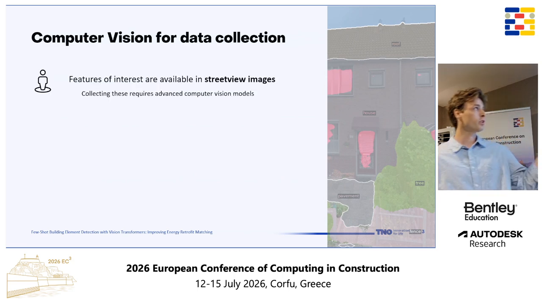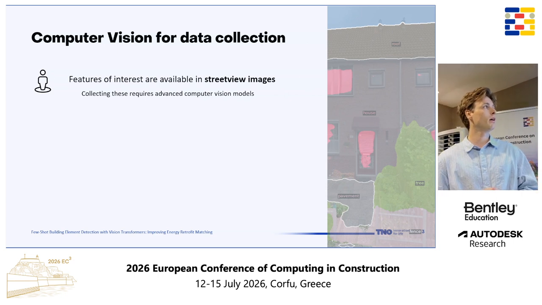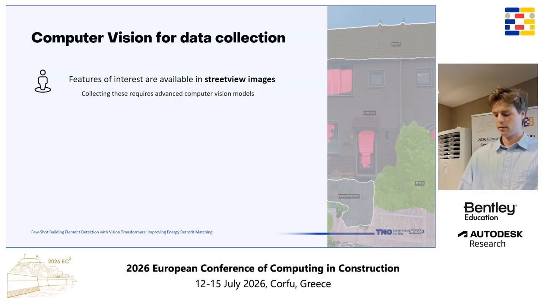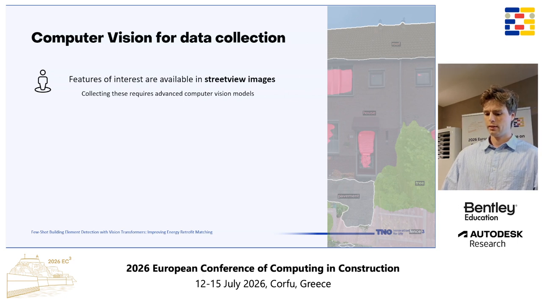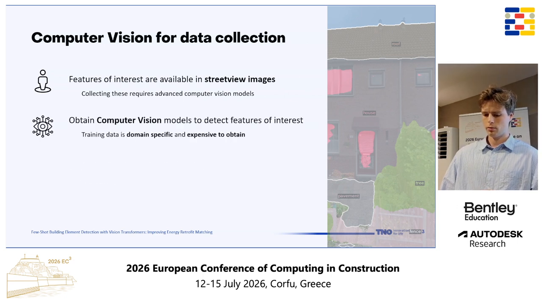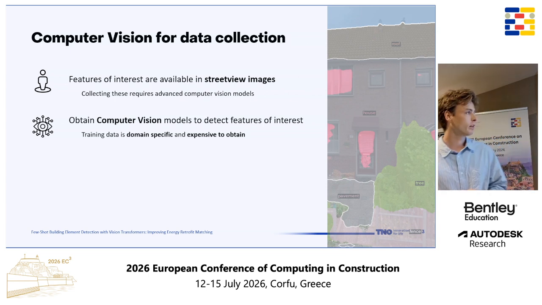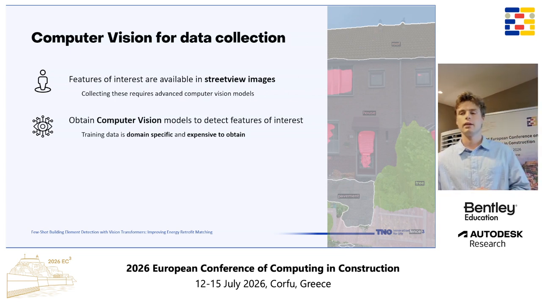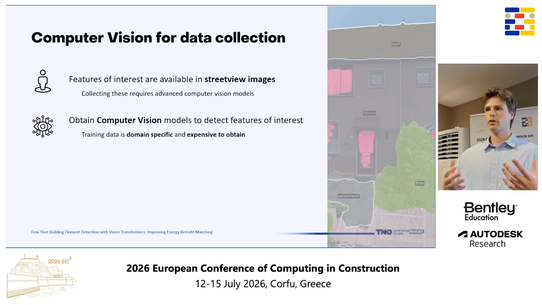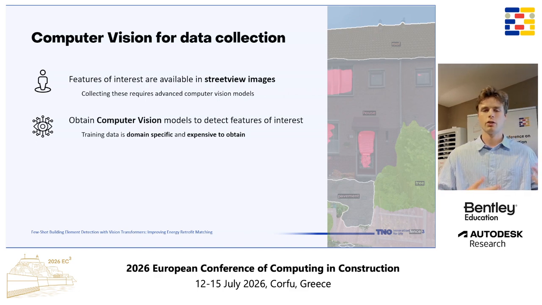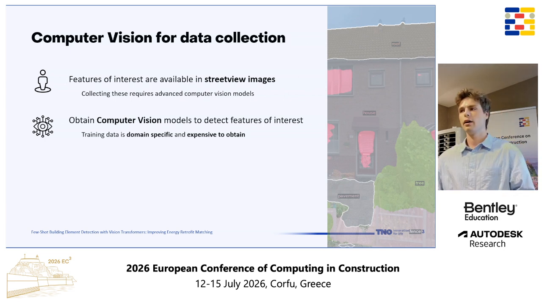A lot of the features we were interested in, we found that they can be detected from street view images, but to collect these features, we would need advanced computer vision models. The problem with computer vision models, though, is that the data we are looking for is very domain specific, so it's expensive to get the training data.